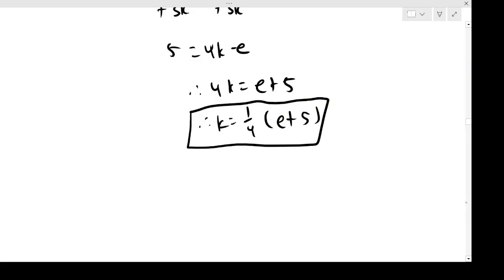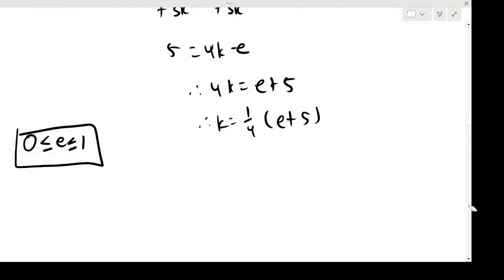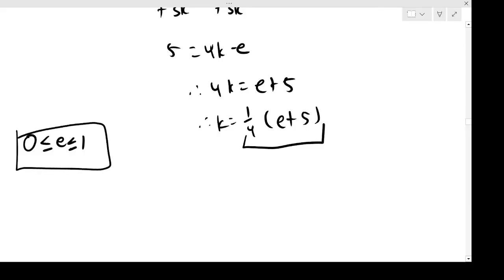So to get an inequality, remember we looked at a similar problem at the start of this little section. Remember we looked at how we can use e, and remember e is between 0 and 1. We can use this inequality for e to get an inequality for something else, right? So if we look at the expression, it's a quarter lots of (e plus 5). So we can start from e being between 0 and 1 and work our way up.